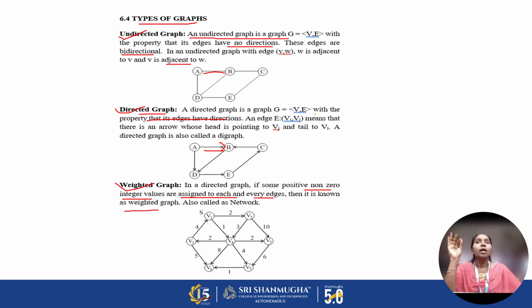That means here V1 is one node and V2 is another node, and V3, V4, V5, V6 and V7 are all nodes. Each edge has some integer value, which means some weight is represented between these nodes. So this is called a weighted graph.